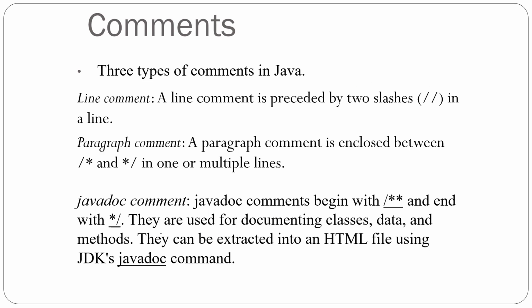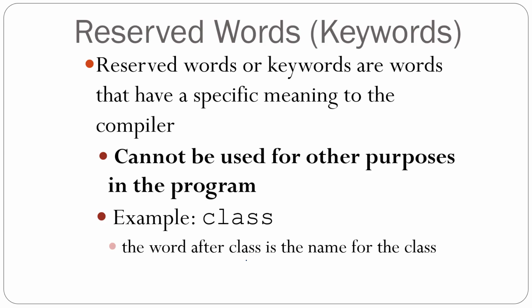For that you will have to put the whole comment in between these two, a forward slash and a star. Alright, so when you have to comment a paragraph, multi-line, then use this style, the paragraph comment. Okay, then Javadoc comments, that is something you should ignore.